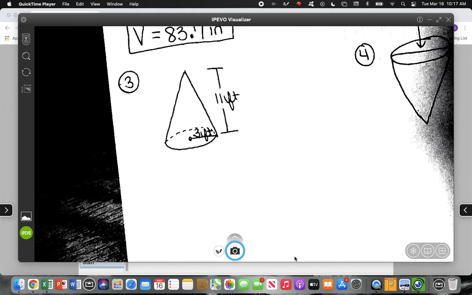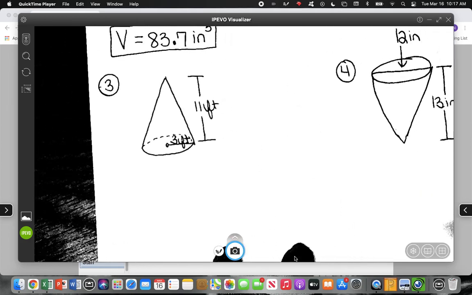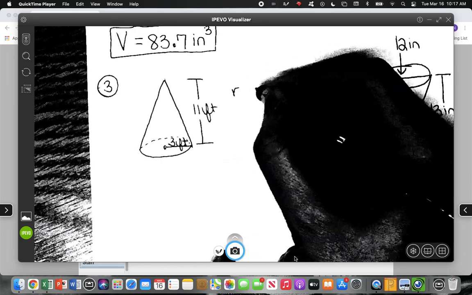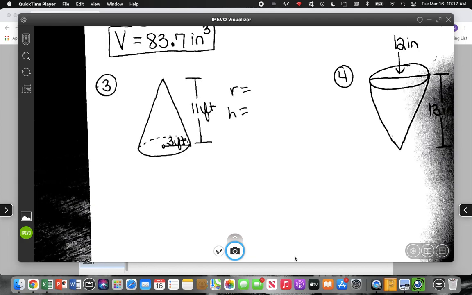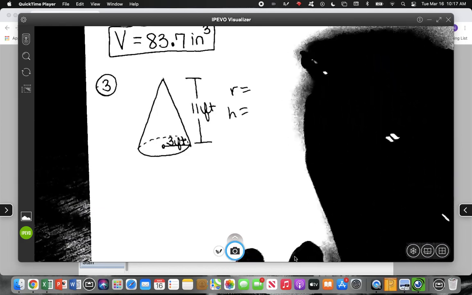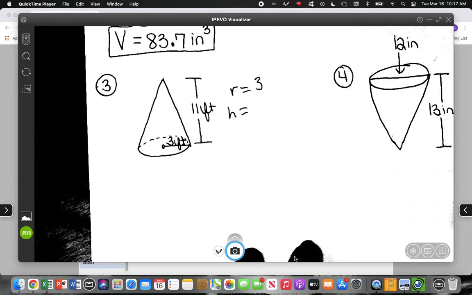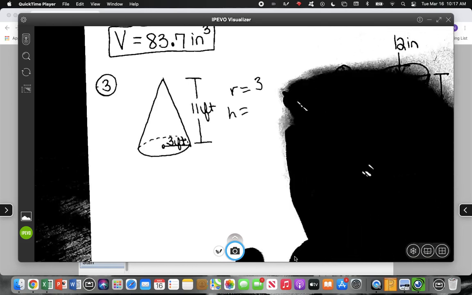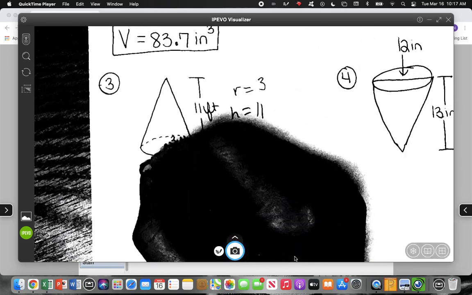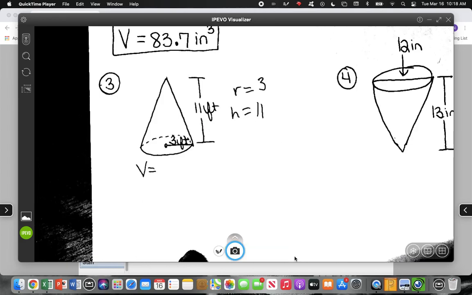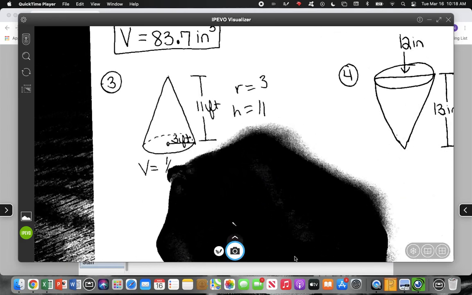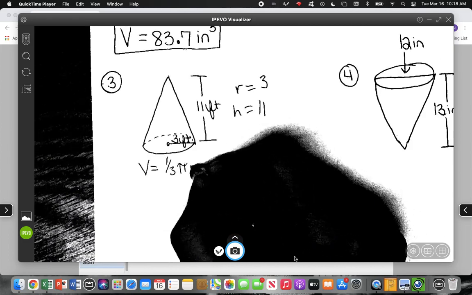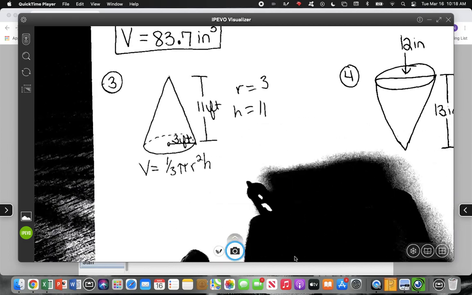All right, number 3. So first we want to find what our radius and our height are. So what's our radius here? 3. And what's our height? 11. Okay, so let's write our volume formula again. So we have volume is 1/3 pi r squared h, right?